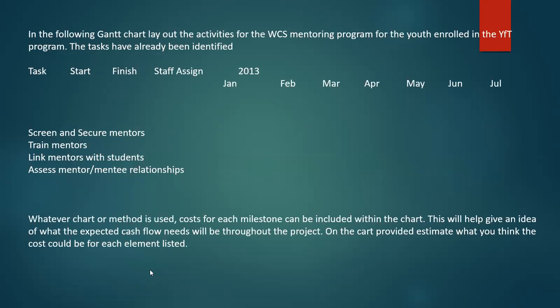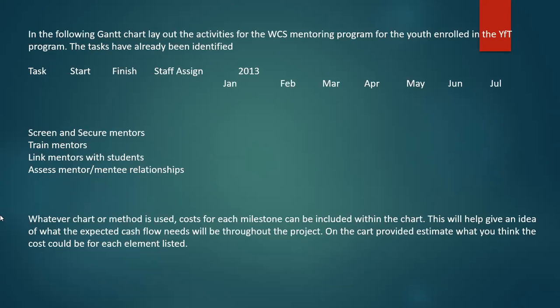And this is what a Gantt chart looks like. It's talking about what the task is, when it's going to start, when it's going to finish, the staff assigned to it, and a breakdown of what happens every month. Oh, okay. Now read this section right here where it says screen.